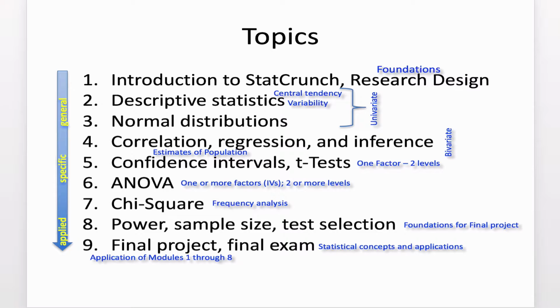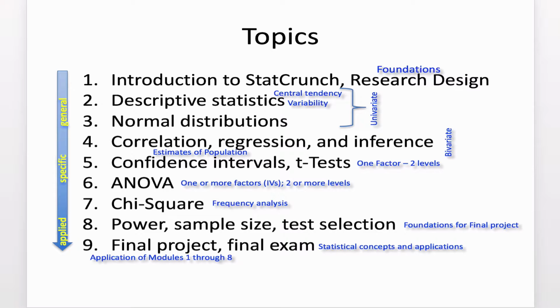Towards the middle, we're going to cover correlation and regression and statistical inference. So correlation and regression are two sides of the same coin, but they're used for different purposes. And we're going to study statistical inference, and that is, how can you infer the results of a study to a population?